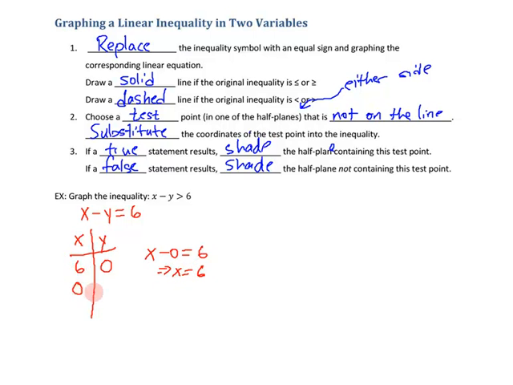And I can plug in 0 for x. 0 minus y is equal to 6. So divide both sides by -1. y is -6. Now I have 2 points. I'm just going to plot those 2 points on my Cartesian graph here.